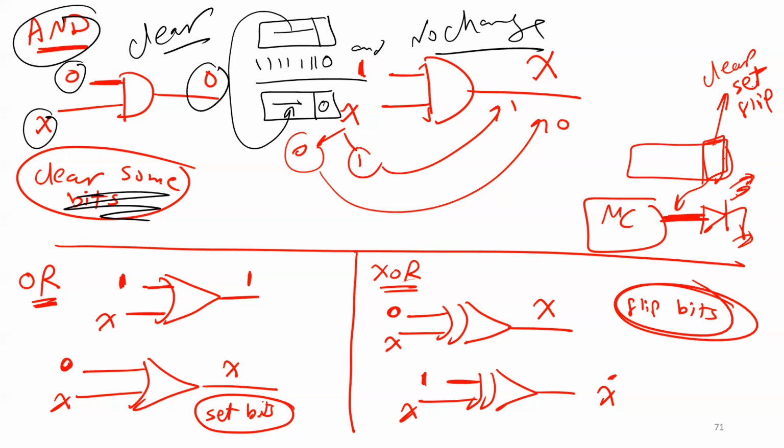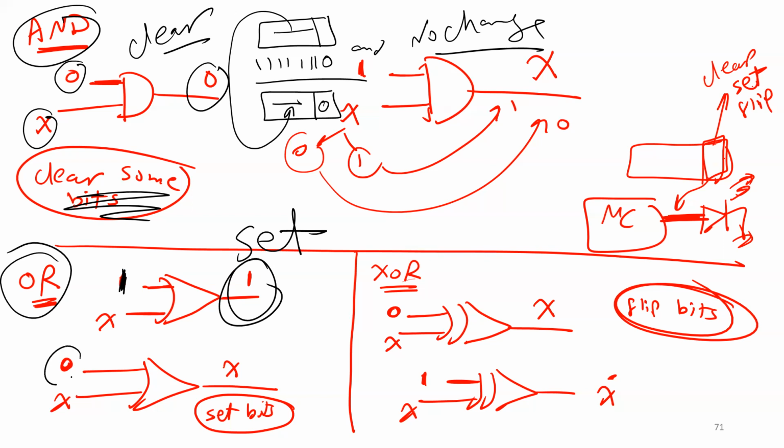If you see how OR is working, if you put 1 in a certain bit, you actually are going to set it. But if you put 0, no change. This is how it works, right? No change, because 0 OR any bit, you're going to get the same bit.